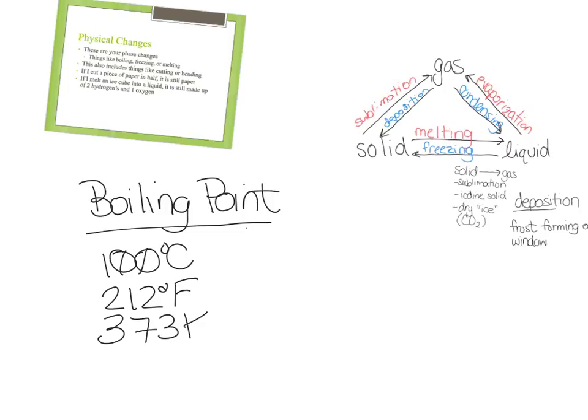Kelvin. Okay. Again, notice the degrees C and the degrees F, but the Kelvin, there's no degree sign. Why? You just don't, there's no degrees Kelvin. It's just Kelvin. Kelvin's the beginning. That's what all standards are measured by.